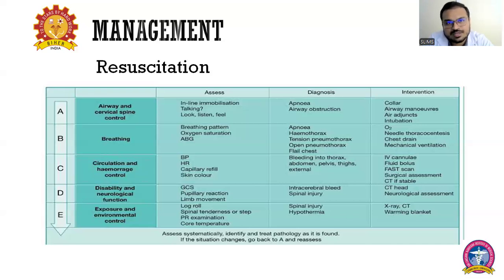To diagnose: if the patient is having any airway obstruction or apnea, he or she will have stridor or additional sounds. So we should intervene with a collar and airway maneuvers like a bougie or intubation, and airway adjuncts.